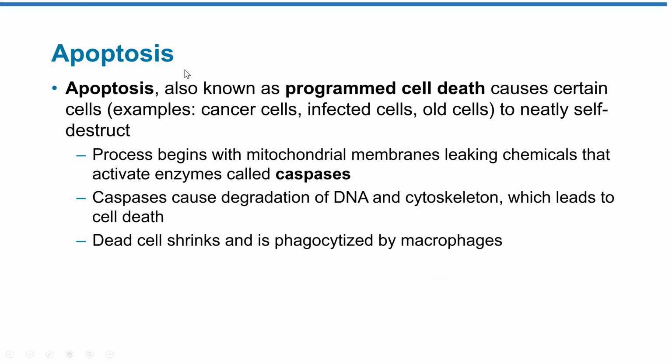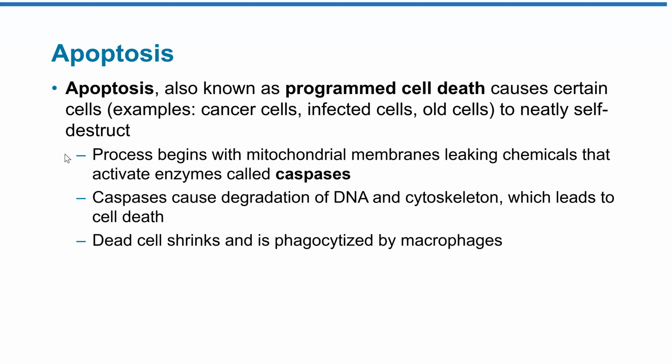Another way to get rid of cells that you don't need is called apoptosis, also known as programmed cell death, that causes certain cells, for example, cancer cells, infected cells, old cells, to neatly self-destruct. Process begins with mitochondrial membranes leaking chemicals that activate enzymes called caspases.